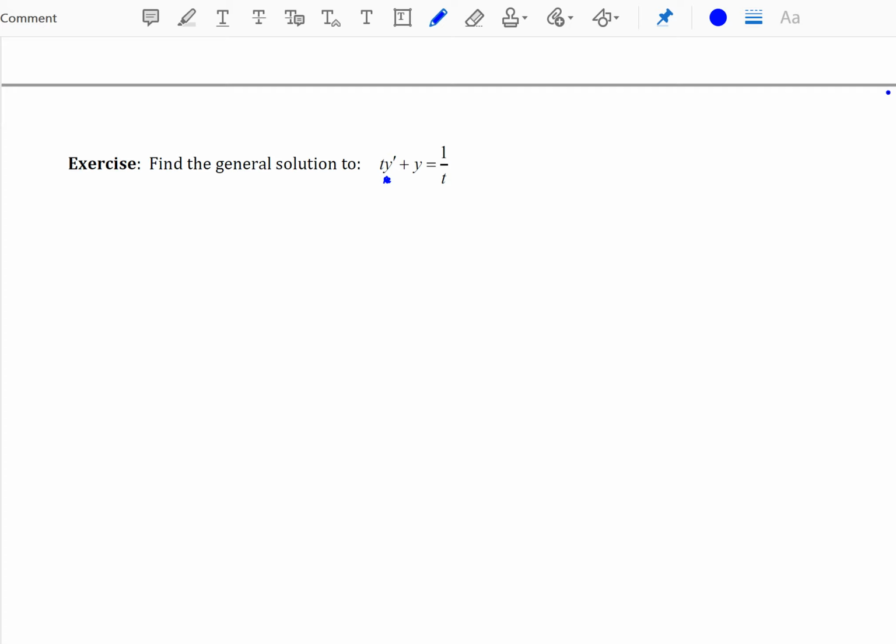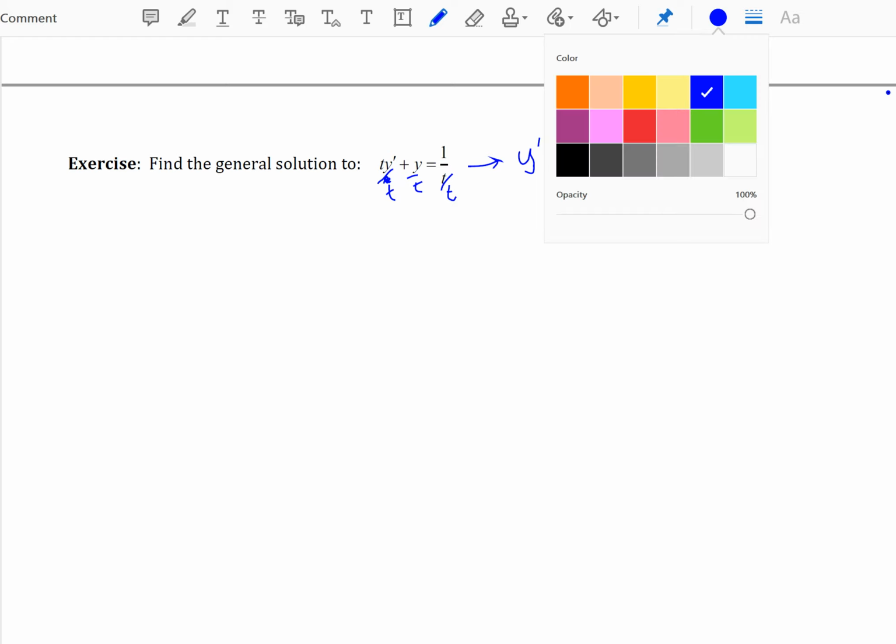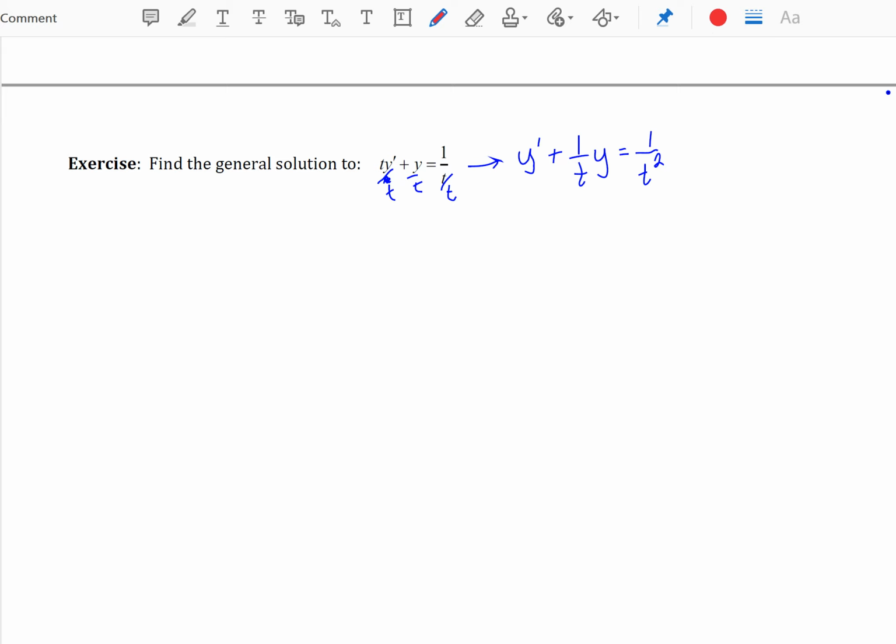So we make the coefficient be 1 by dividing each term by t, which will give us y prime plus 1 over t times y equals 1 over t squared. We need to write it in this form so that we can identify p of t. Remember, p of t for your integrating factor is always this coefficient of y. This is the p of t we need.